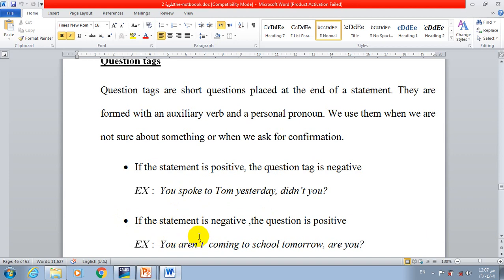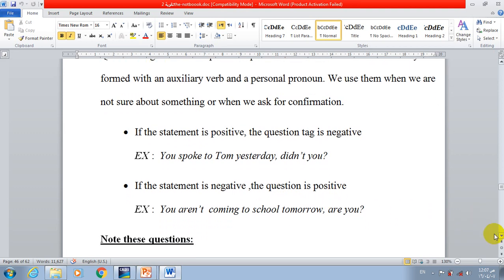If the statement is negative, the question tag is positive. So we must pay attention when we want to answer any question in the question tag, to know if the main sentence is positive or negative.